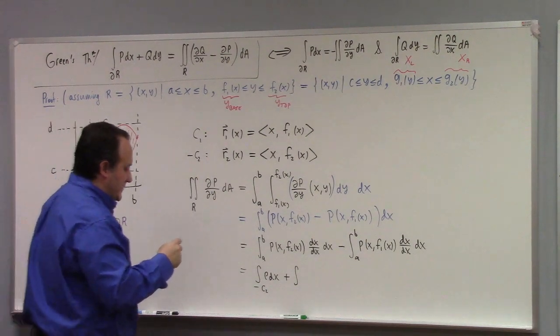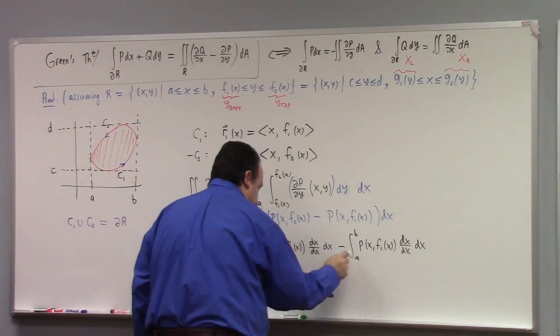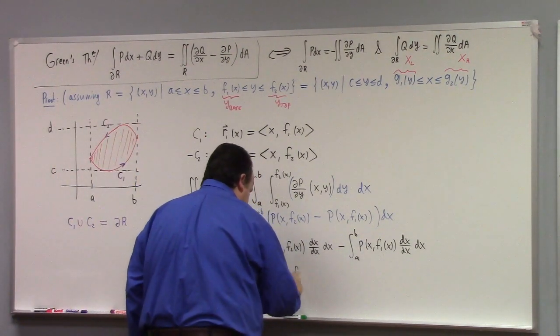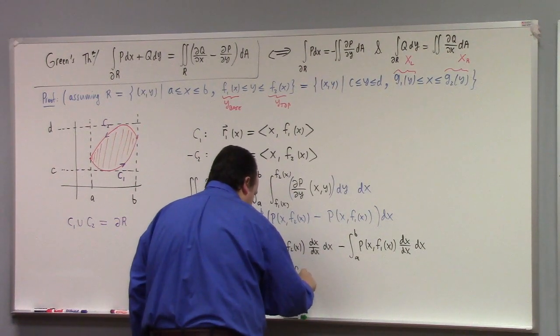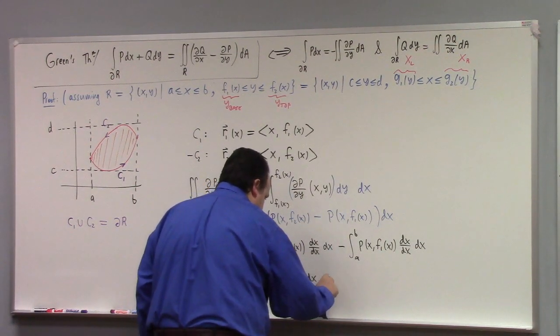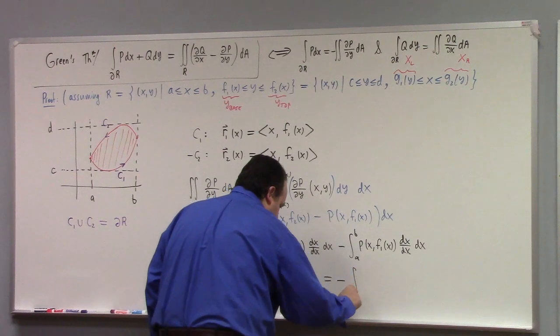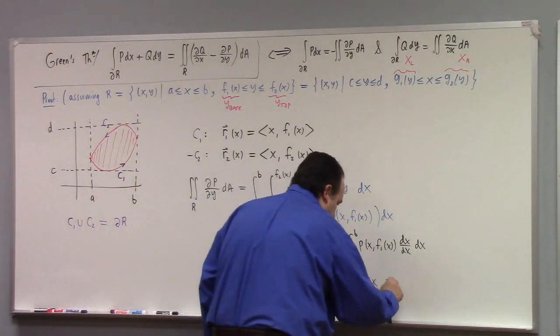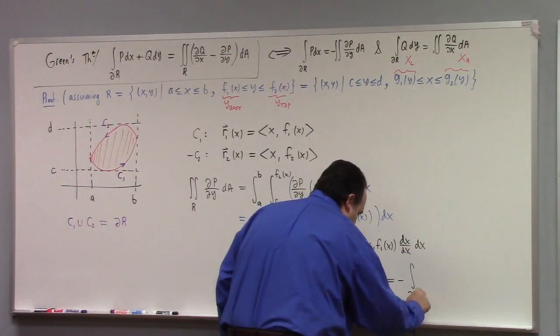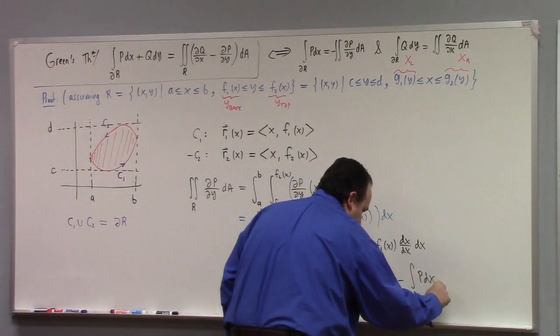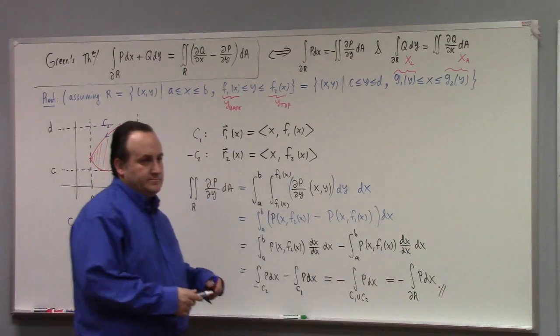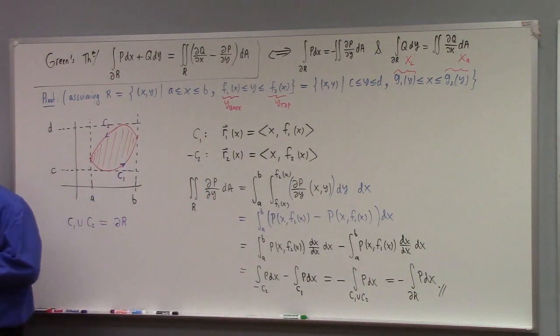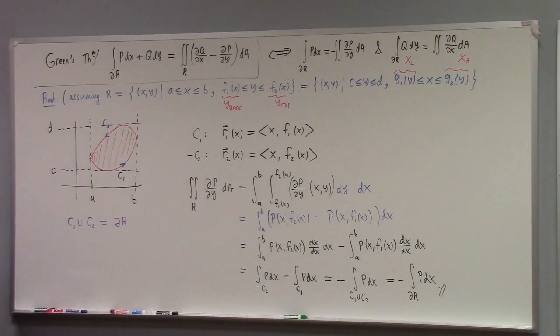And so minus, rather, if I write my minus. Actually, the minus is good because that's what we want, p dx there, right? So altogether, we've got minus the integral over c1 union c2 of p dx, aka minus the integral over the boundary of R of p dx. There it is. Well, there's half of it, right?